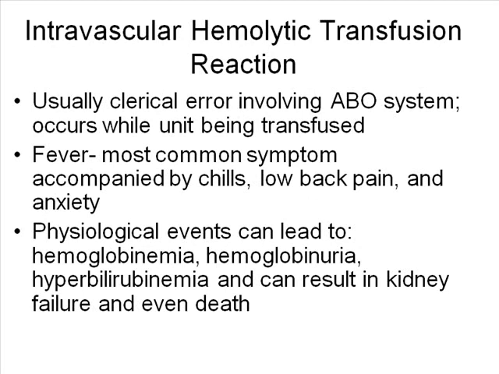All right, now intravascular hemolytic reaction usually involves a clerical error involving the ABO system. And this is what happened recently at Lawnwood that we talked about, that the patient was drawn by person X, whoever it was, and they had a handful of blood and handed it to the phlebotomist and pointed, it's that guy over there.